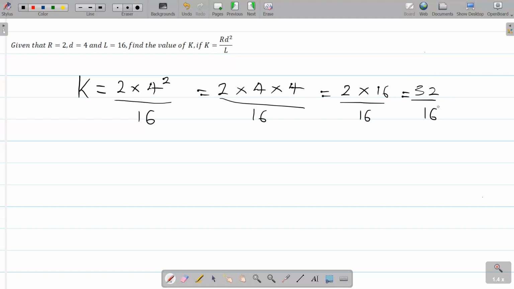So what is it going to be? 32, it's going to be 2, right? 16 will go into itself 1, and 16 will go into 32 2 times. That's going to give us 2 out of 1, which will essentially give us 2. Is it okay?